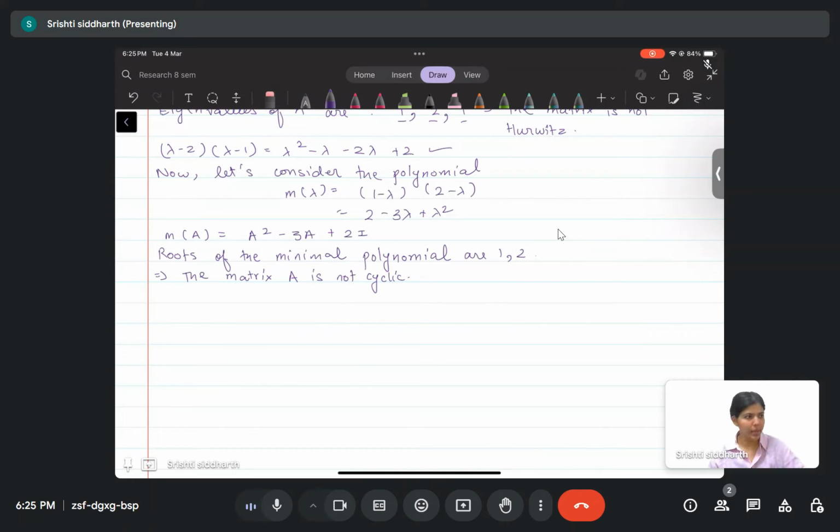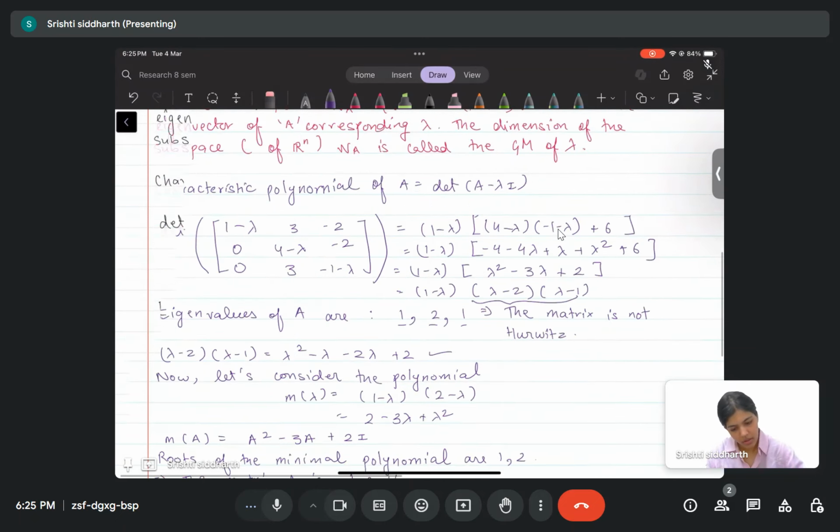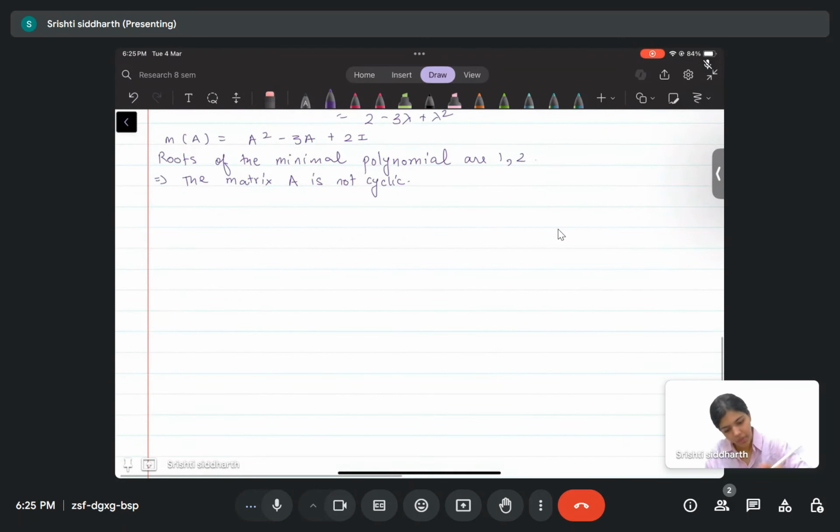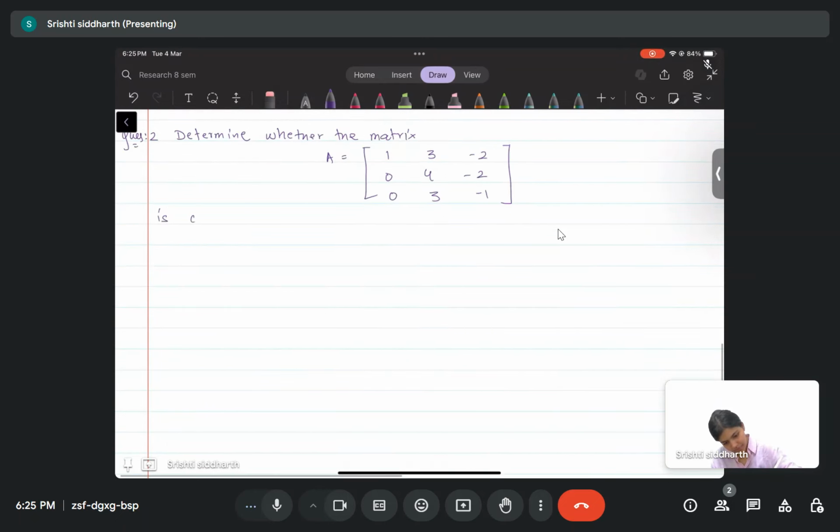Some more questions on cyclic matrices. Then, consider the matrix [1, 3, -2; 2, 3, -1]. Is it cyclic?